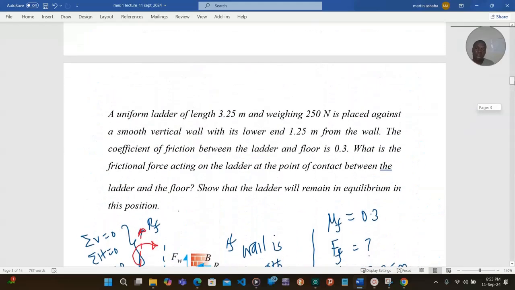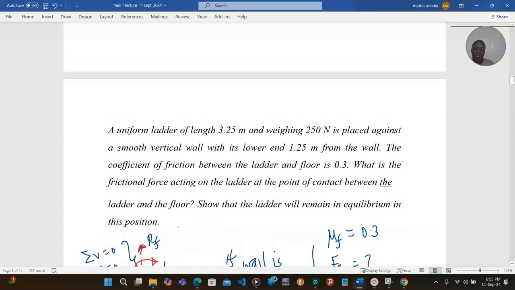So we have answered these questions. One, what is the force acting on the ladder at the point of contact between the ladder and the floor? We have calculated it. Then show that the ladder will remain in equilibrium in this position.